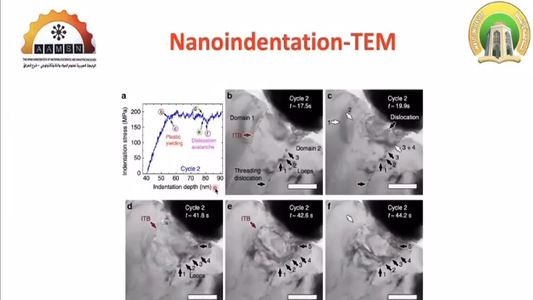Even more advanced, the nanoindentation is compacted to be inside a TEM, transmission electron microscope. And as you can see here, this is the indenter, this is the material, and when we push the indenter toward the material, we can monitor all the events of dislocations, changes in the grains, and so on, by using this technique.